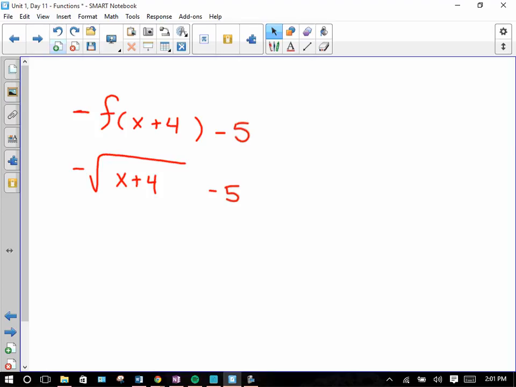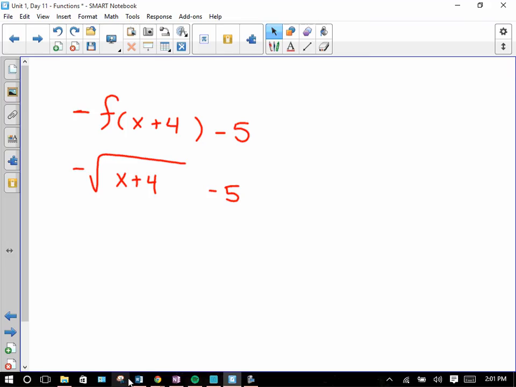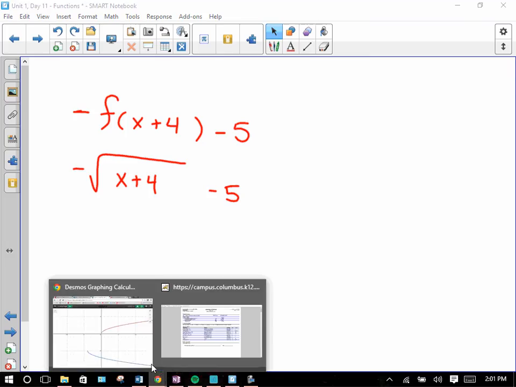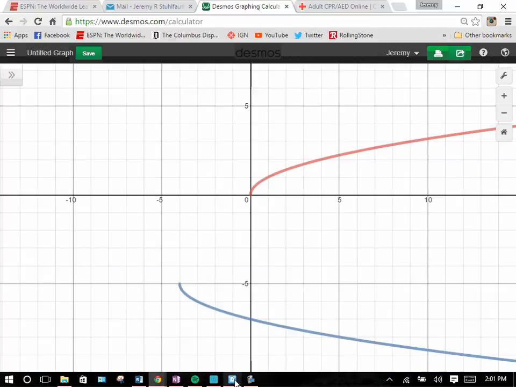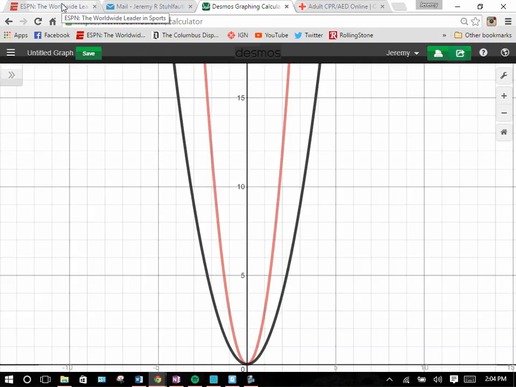What we need to do is look at what happens when we stretch something. The black function is the parent function.